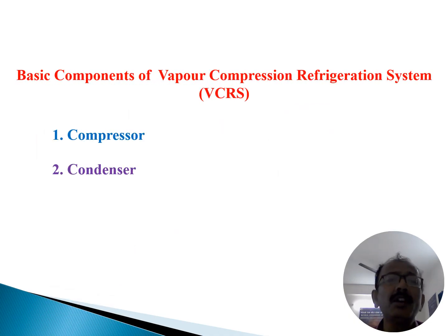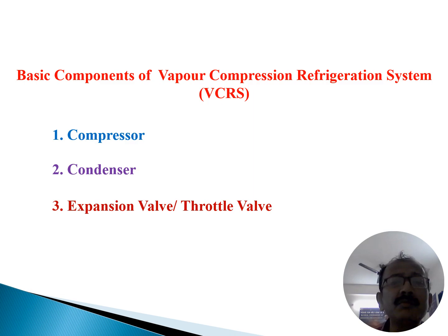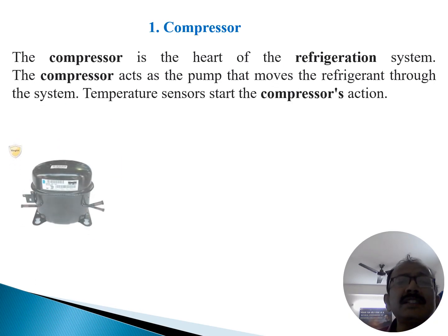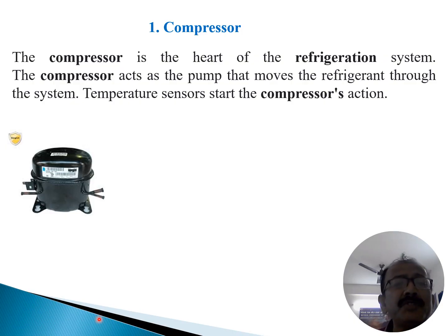So this is a vapor compression refrigeration system. Now, the basic components I have already mentioned: compressor, condenser, expansion valve or throttle valve, and evaporator. Now, what is a compressor? The compressor is the heart of the refrigeration system. In the diagram, it is the black one. The compressor acts as a pump that moves the refrigerant through the system.